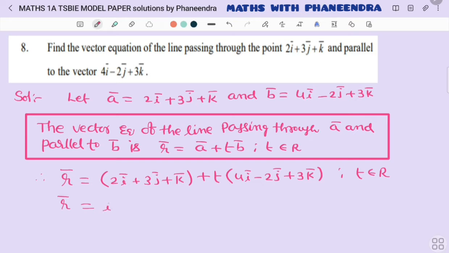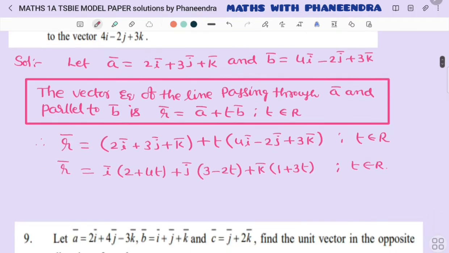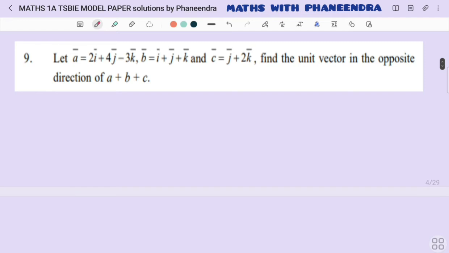Like this way you can do that. i bar into 2 plus 4t, plus j bar into 3 minus 2t, plus k bar into 1 plus 3t, where t belongs to R. This is the way we can write it. That's all. We'll move on to question number 9.